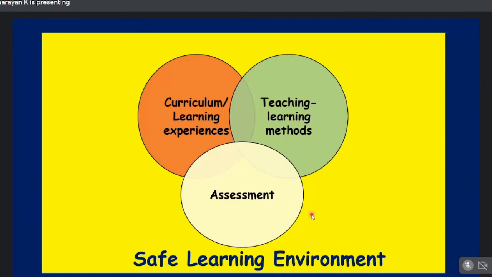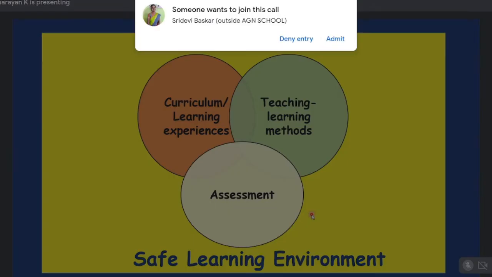And this big square, which is in yellow, is the safe learning environment. So anything that we do as teachers, be it the syllabus issue, be it teaching learning methods, be it assessment, it all has to happen in a safe learning environment. Otherwise, all our efforts will be useless, it will be futile, it will not be effective.